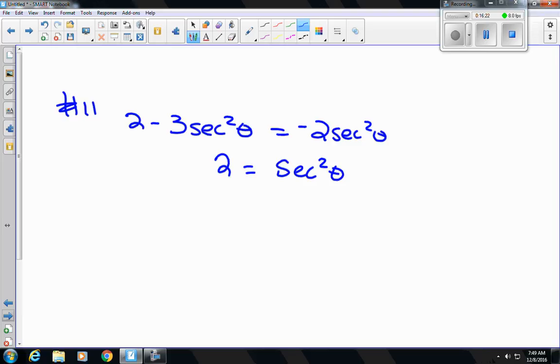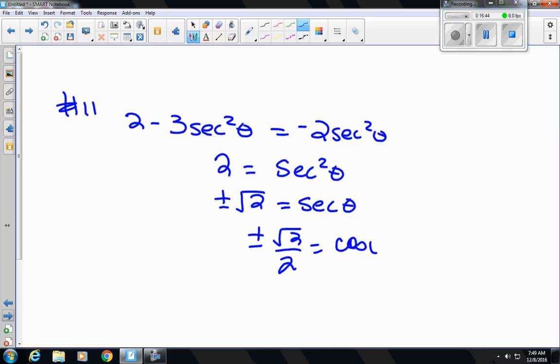Not square both sides, but take the square root of both sides. So this becomes plus or minus root 2 is equal to secant of theta. Well, I don't think in terms of secant. I think in terms of cosine. So it's plus or minus root 2 over 2 is equal to the cosine of theta.